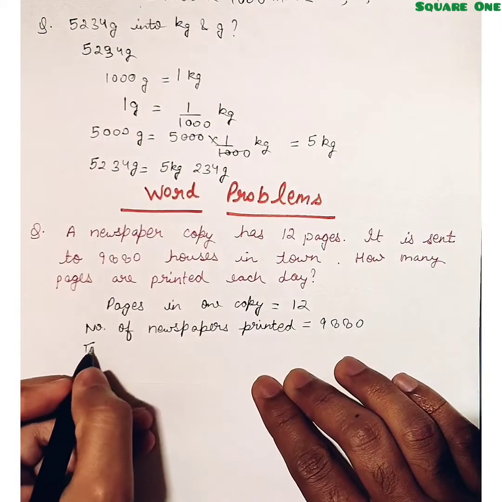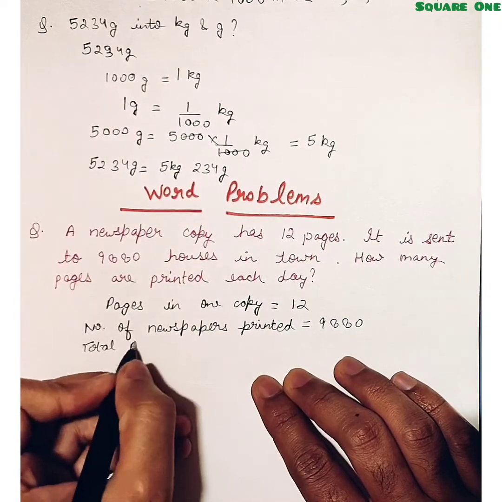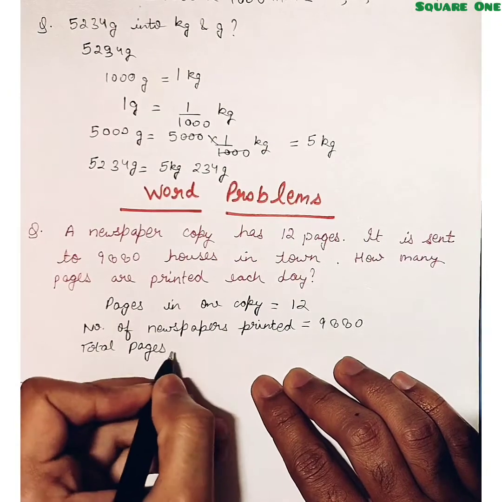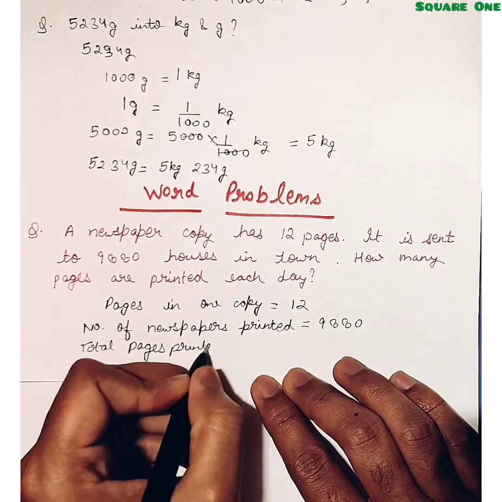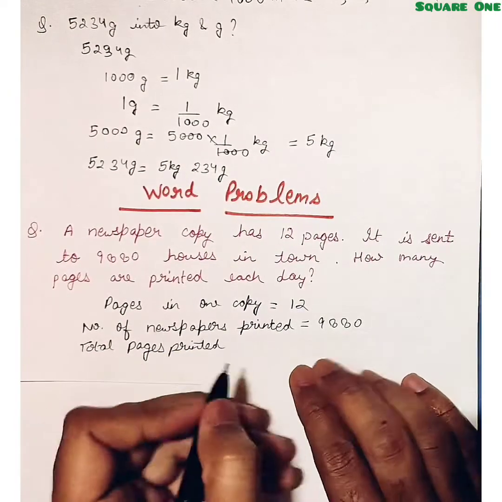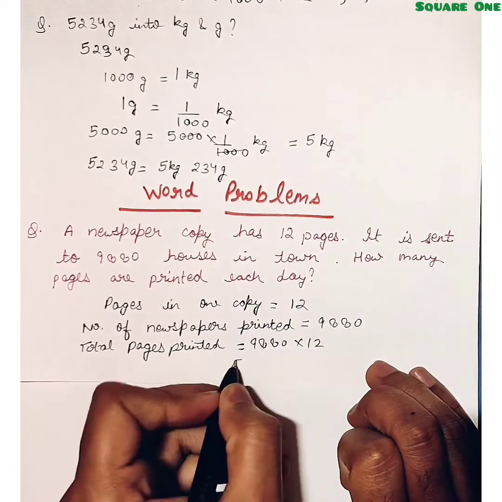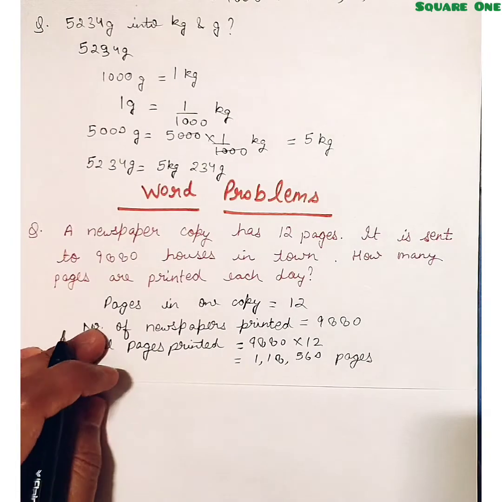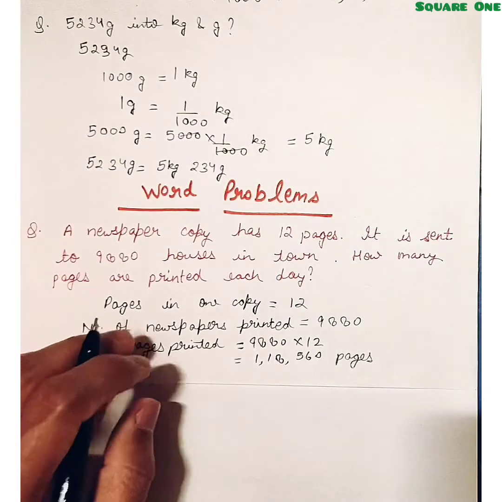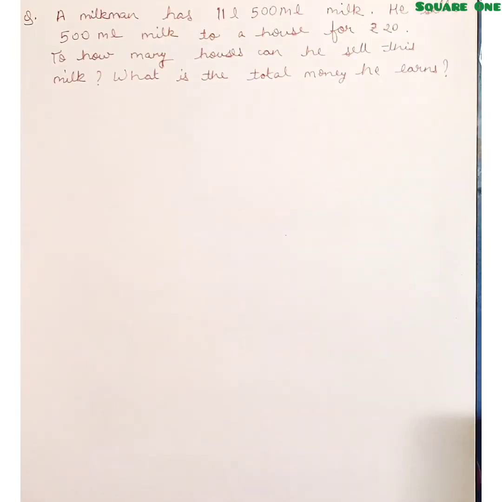So total pages printed will be 9880 multiplied by 12, and the answer will be 1,18,560 pages.